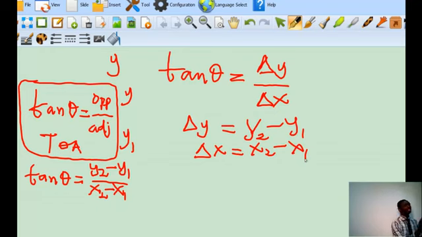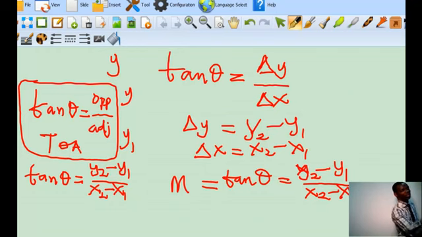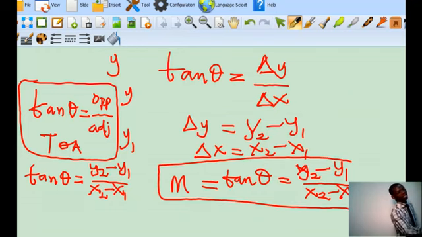Now substituting this into the formula, tan theta is equal to change in y over change in x. Therefore, you come to the final expression where m represents your gradient. M is equal to tan theta, which is equal to y2 minus y1 all over x2 minus x1. So this is your expression for the gradient of line AB.